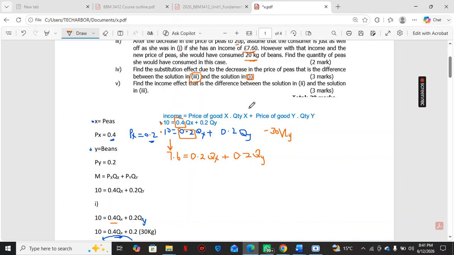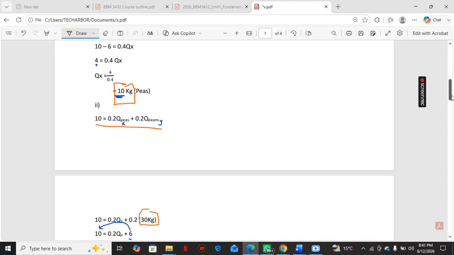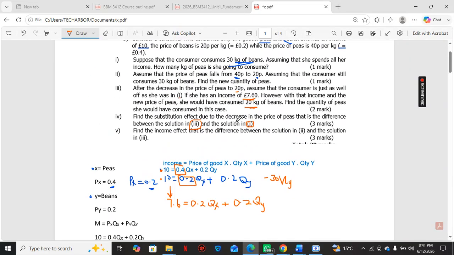Substitution effect, change in the quantity you buy because of price. Income effect, change in the quantity you buy because of income.